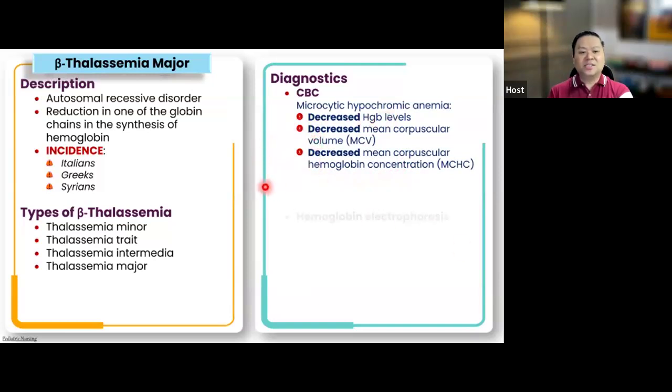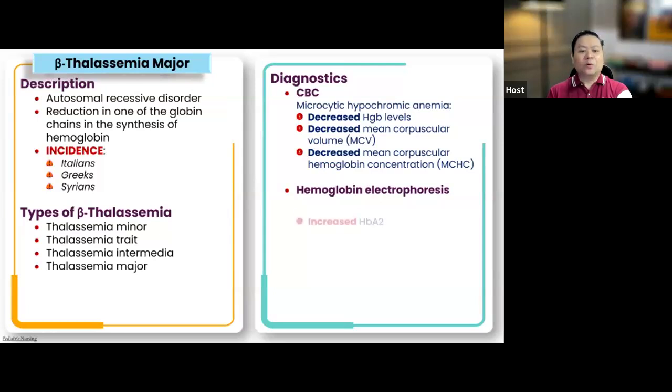Now, another diagnostic here is the hemoglobin electrophoresis. What is this? In this scenario, the patient with a beta thalassemia major will have an increase in the hemoglobin A2, which suggests a beta thalassemia trait. There is an absence or reduction in the hemoglobin A, which is the normal hemoglobin.